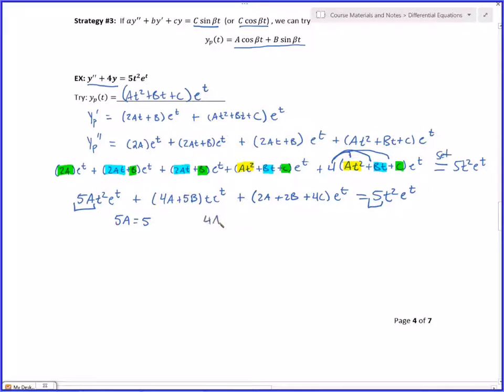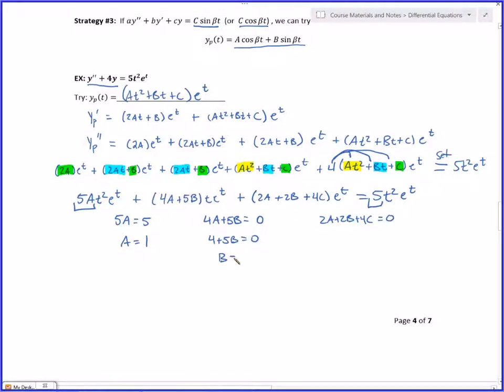I have 4a plus 5b equals 0. And 2a plus 2b plus 4c equals 0. And that's a nice forward substitution problem because a is then 1. And now I have 4 plus 5b equals 0.